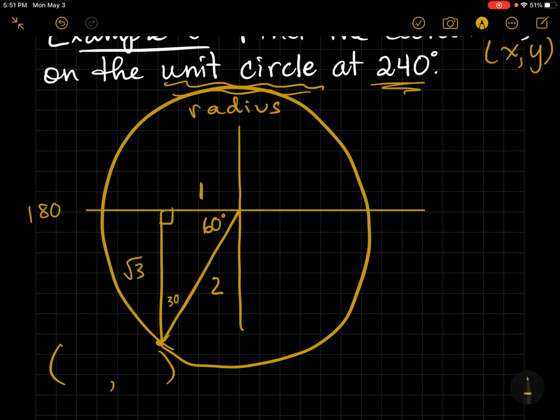So I asked for this x, y, but I didn't ask for it with radius 2. I asked for it with radius equal to 1. How can I turn this radius of 2 into a 1? Well, I can divide by 2. That'll give me a 1.